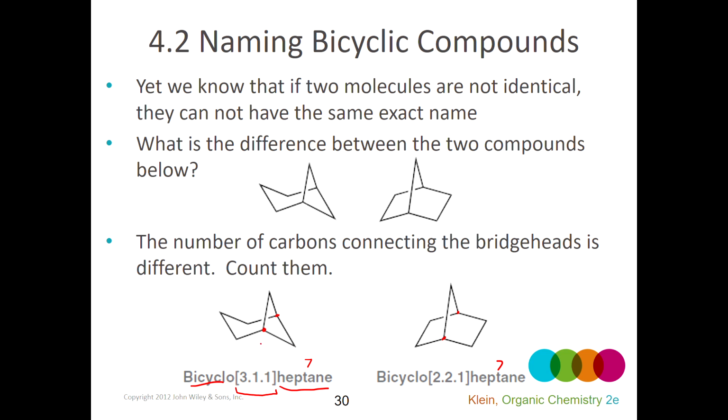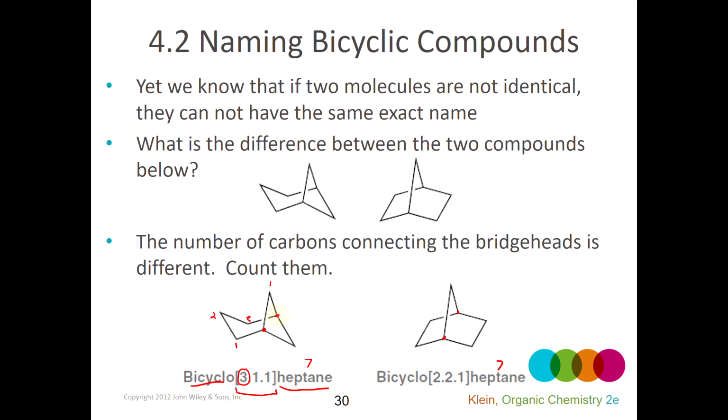So in this structure, I'm counting not the bridgeheads themselves, but how many carbons the loop is between that bridgehead that makes it all the way back around to the other bridgehead. So from here, 1, 2, 3, back to the other bridgehead. So that loop has 3 carbons in it, and that's where this 3 comes from. Looking at the other loops from the bridgehead back to the other bridgehead, going up here, there's 1 carbon.